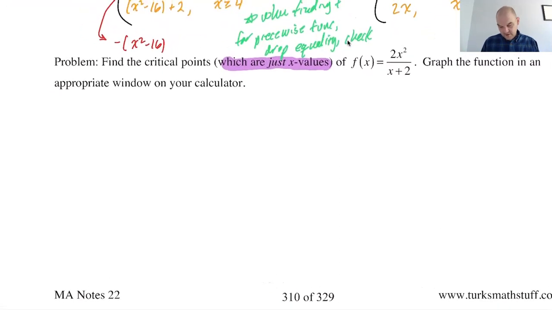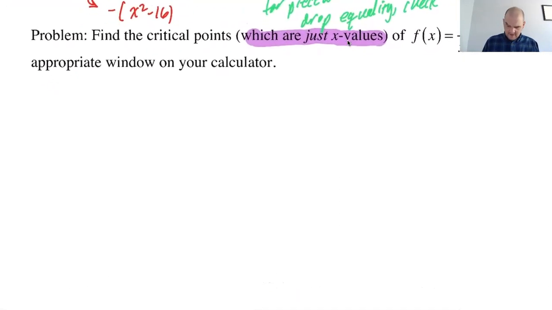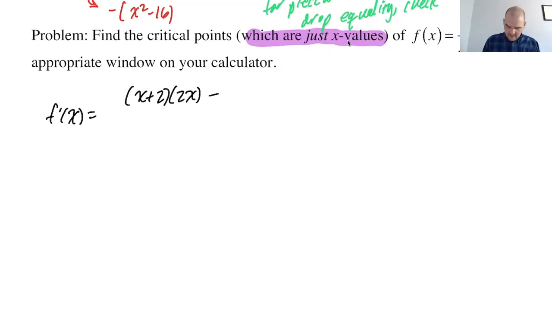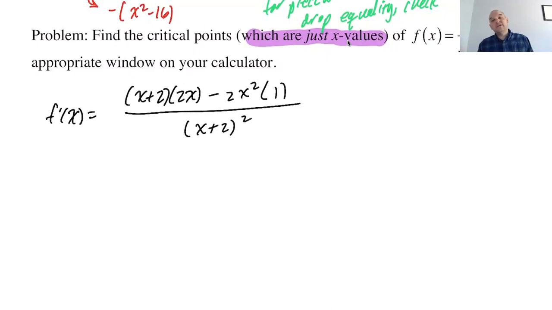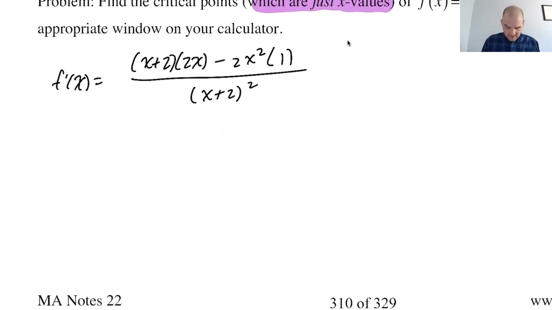So I see a quotient, so I will be using the quotient rule. So f prime of x is bottom, derivative of the top, minus top, derivative of the bottom, all over the bottom squared. All right, we got to simplify this because we're going to need the zeros. So what could we do? We could take out a 2x.